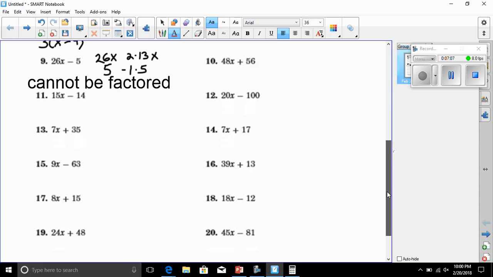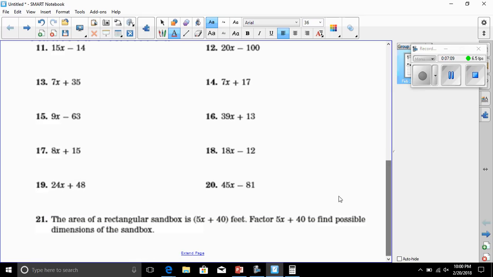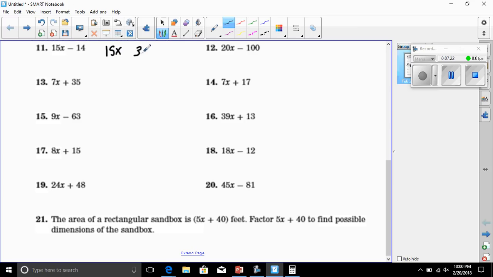All right, let's go to number 11. Number 11 says that we've got 15x minus 14. Well, 15x can be factored into 3 times 5 times x.